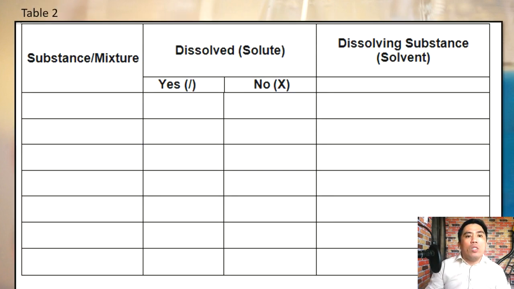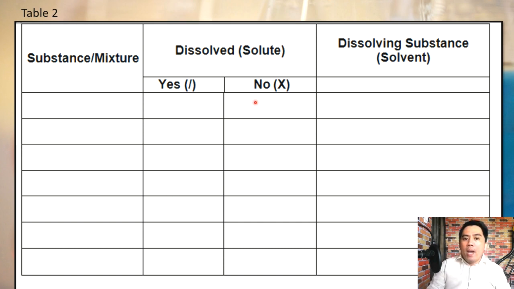Next, table 2. So you're going to write the different substance or the mixture. So we have the mixture of water and sugar, mixture of coffee and water, and last one, detergent powder and water. Okay, dissolve, yes or no? Okay, so kung nakita niyo yung dissolve, yes. So you'll put check on the column of yes.